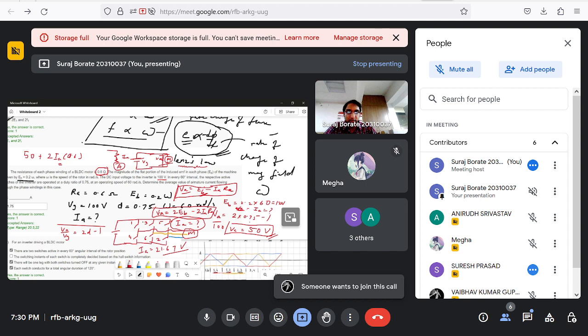Okay, so if you apply this formula, what you will get? 120 into F divided by 4 is equal to 1200. Okay, so we can say this is 10 and F is equal to 40 hertz.